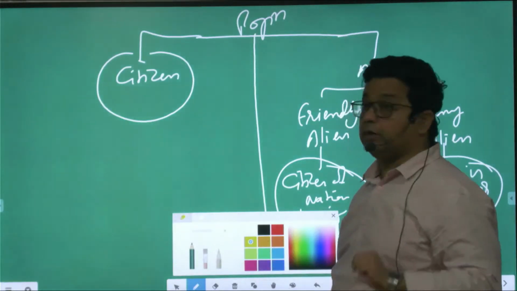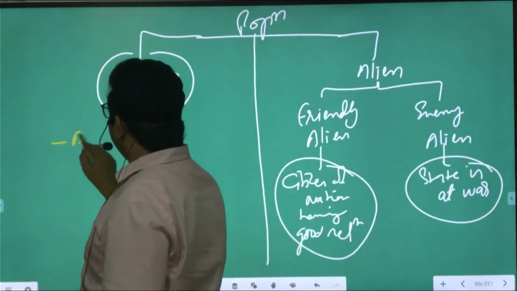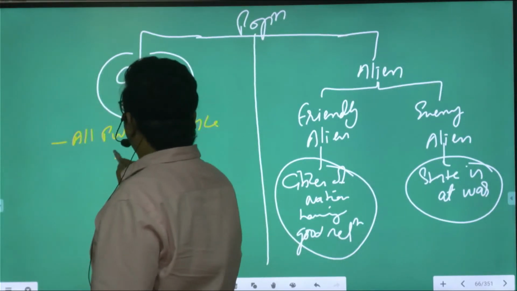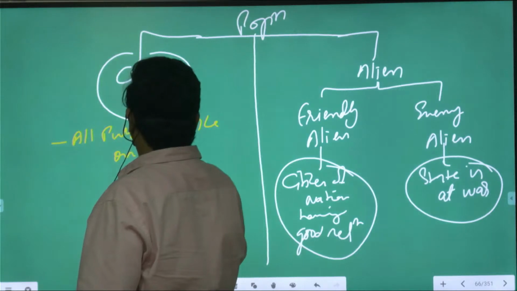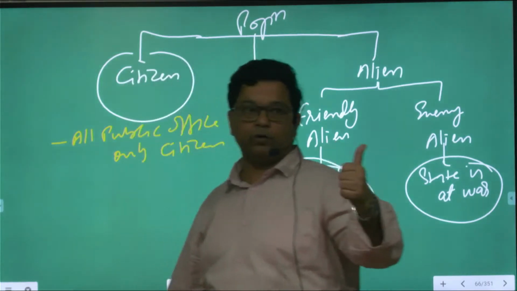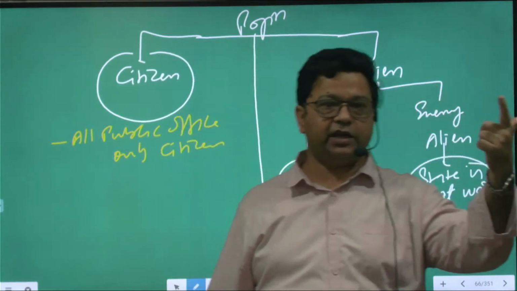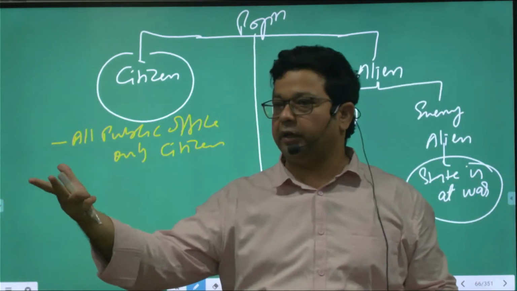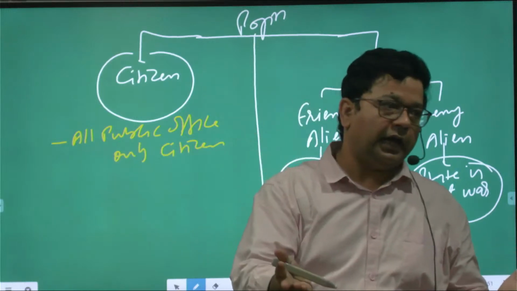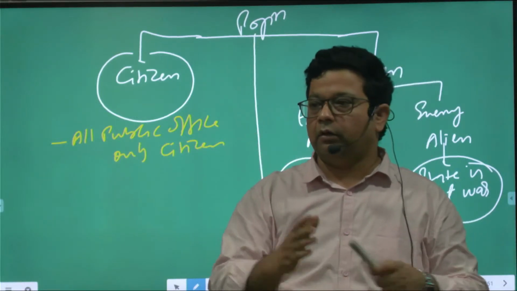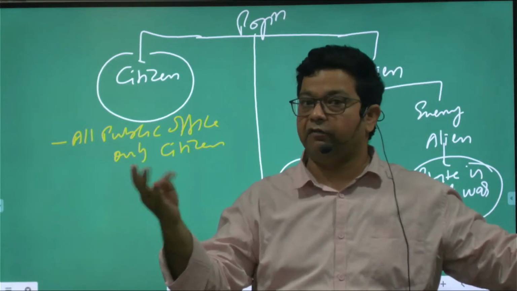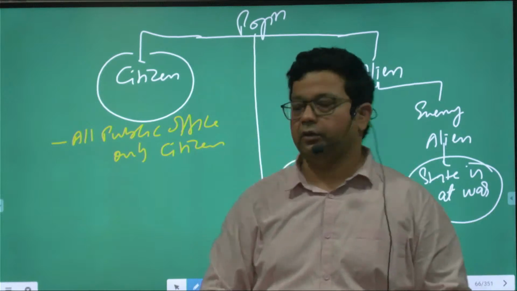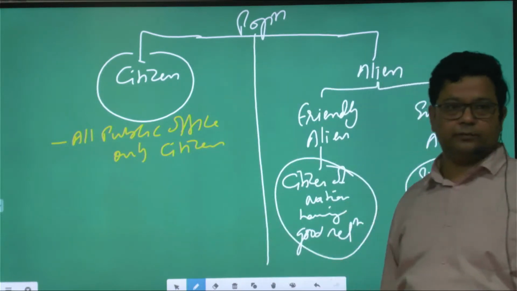So how? All the public offices are only for citizens. Supreme Court of India judge, High Court judge, any judge, MP, MLA, Prime Minister, Chief Minister, Speaker, Attorney General, Advocate General, CAG, President, Governor, it is only for the citizens, not for the aliens.